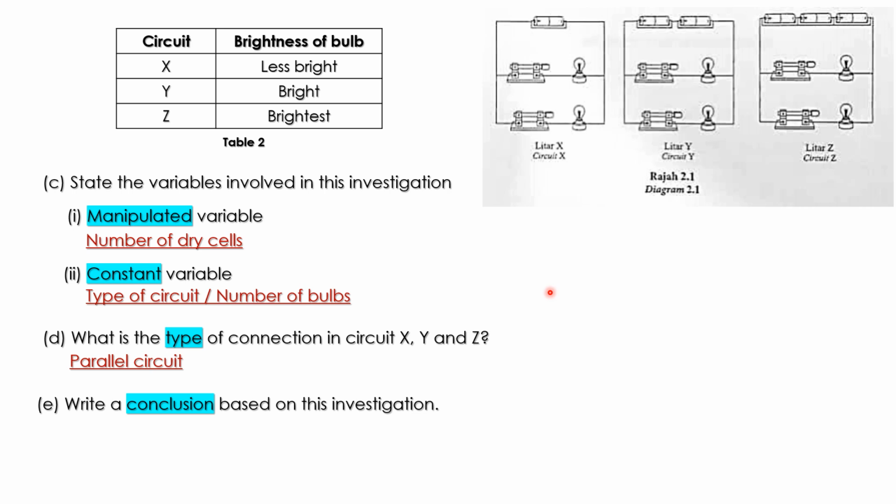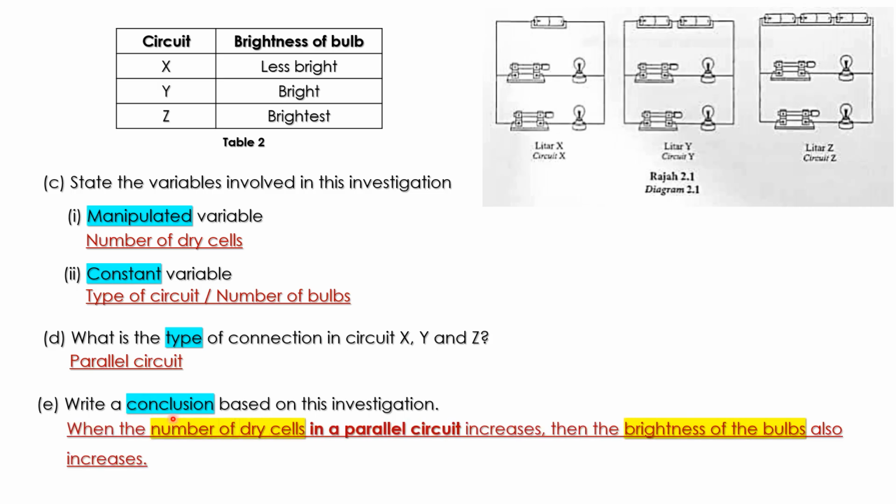You can use when-and-then statements for conclusions, hypotheses, and relationship questions. In this case, I've used the when-and-then statement where I say, when the number of dry cells in a parallel circuit increases, then the brightness of the bulbs also increases. So this is my conclusion for this experiment.